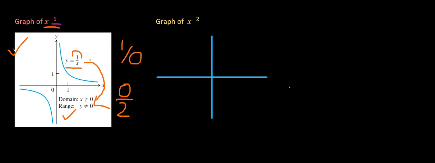So next we are going to plot a graph of x raised to power minus 2, or you may write it as 1 over x squared, and that is our power function. So simply we can use the values from the real numbers and plot our graph in here.